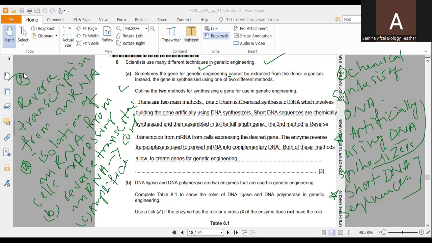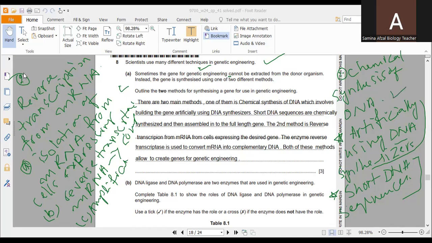So these are the two methods by which scientists can make genes. One of them is chemical synthesis of DNA, which involves building the gene artificially using a DNA synthesizer.